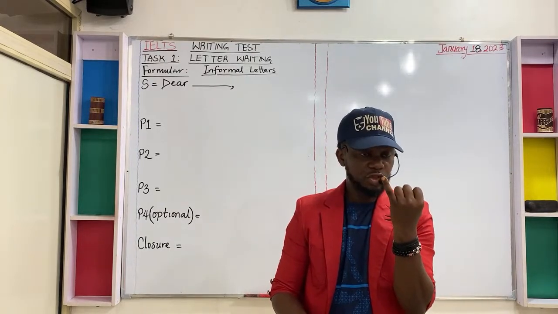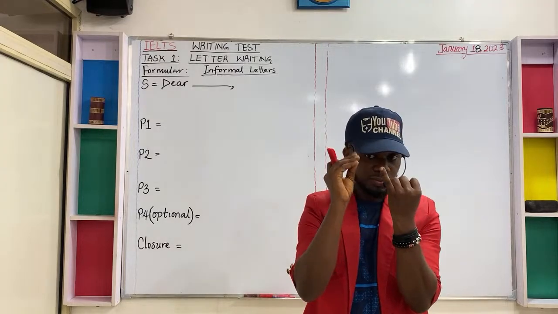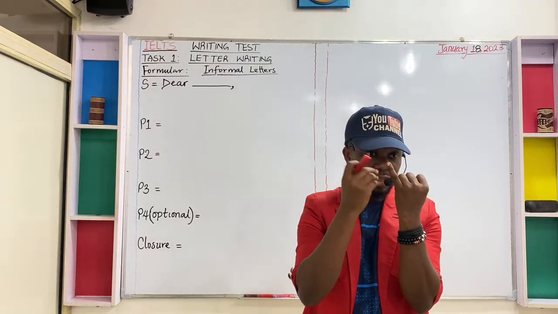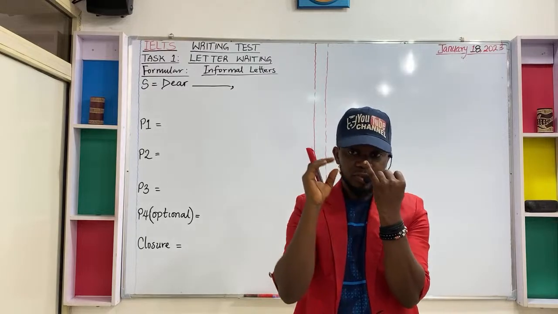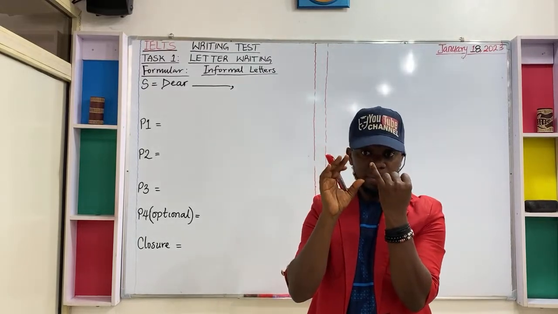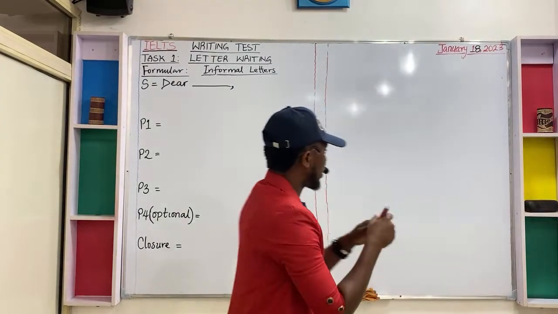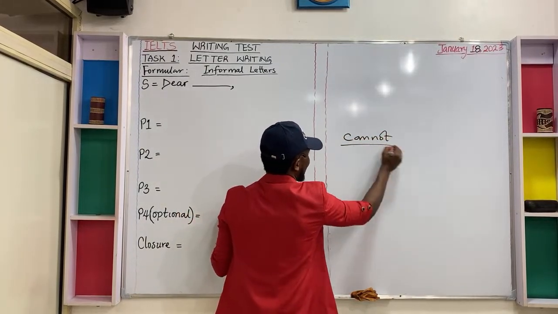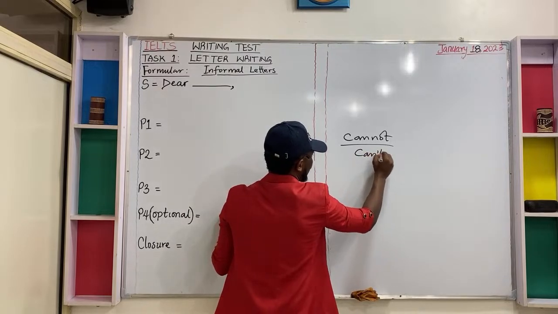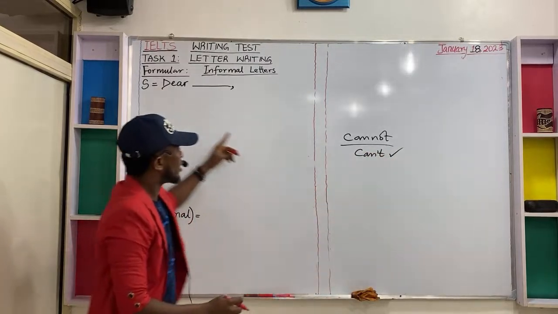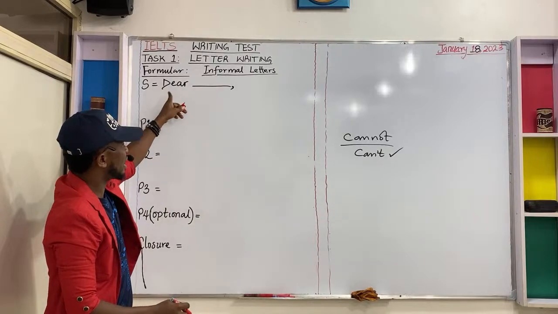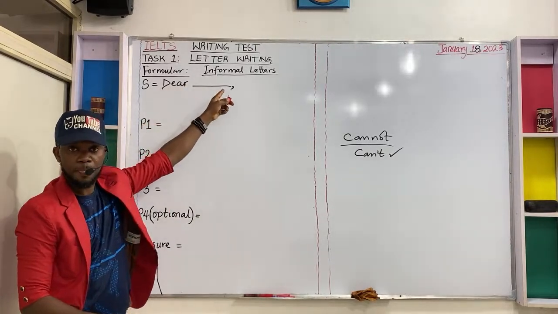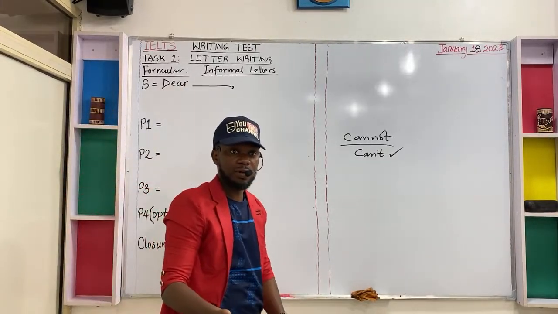You are free to bring in contractions. It's only in informal letters and during your speaking tests that you show off contractions. We remember what contractions are, right? Instead of writing cannot, you write can't. You are supposed to use that in your informal letter because it is casual.